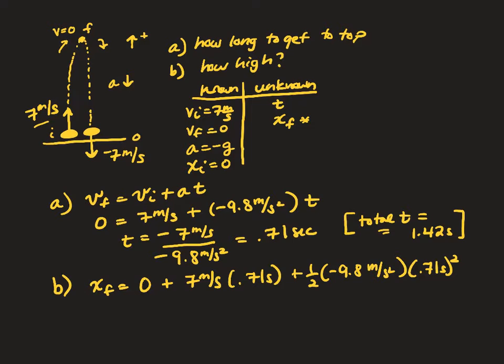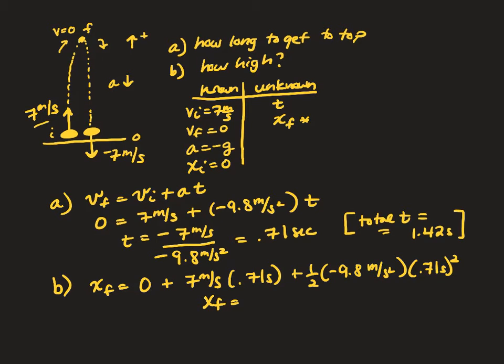Okay, I just need to calculate that out really quickly. 7 times 0.71 minus 0.5 times 9.8 times 0.71 squared. And I get about 2.5 meters, which seems really high.